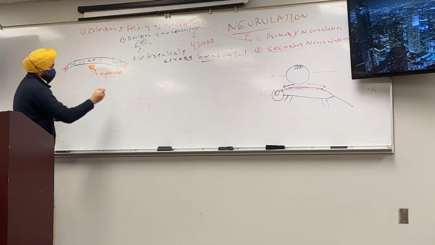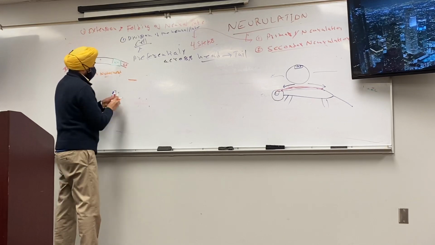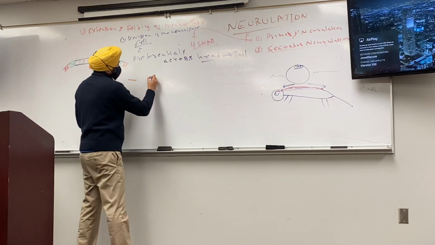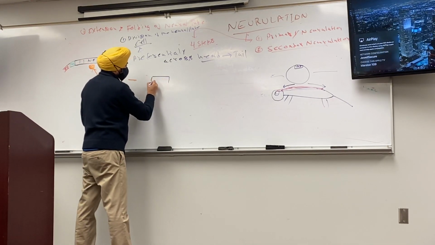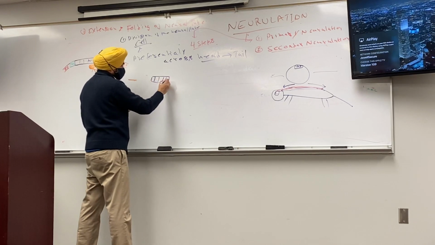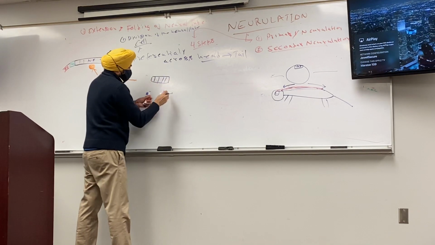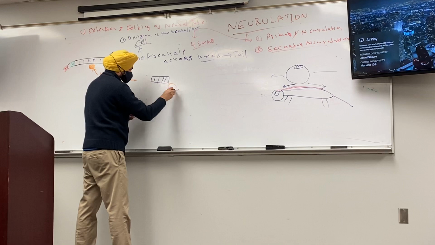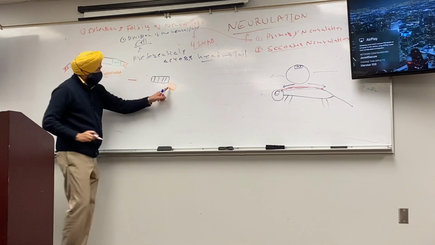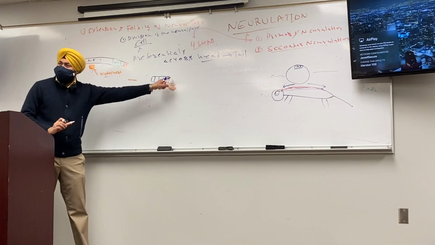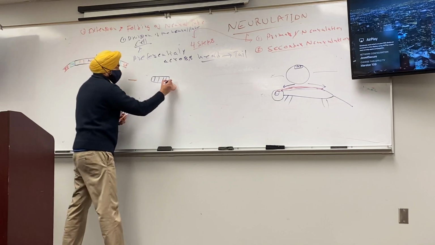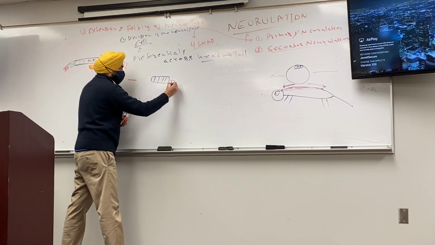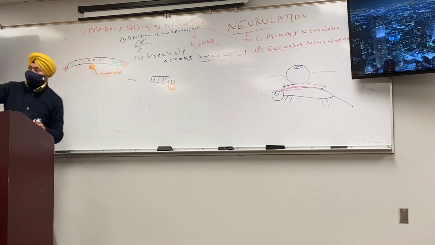Let me show you what is happening here. So this is the next step. So I'm just drawing this area of the neural plate. And this is the notochord right here. What the notochord does, it induces the cells above them to shorten. First they shorten, okay?